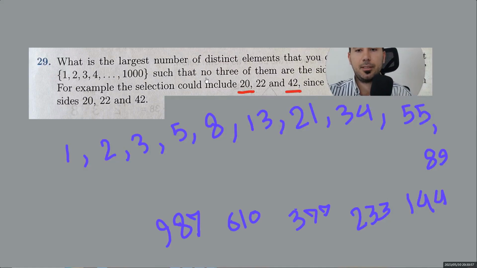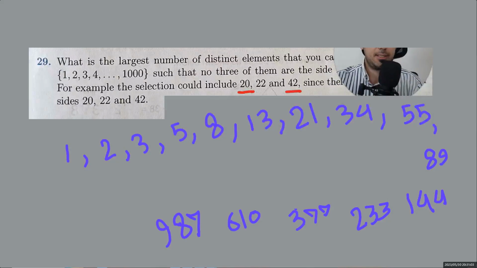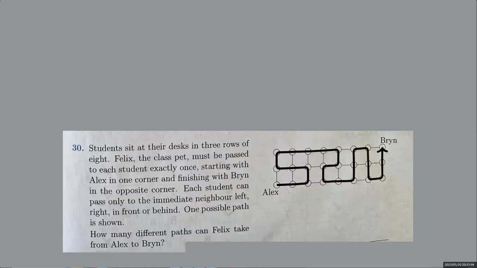So how many numbers is that? 1, 2, 3, 4, 5, 6, 7, 8, 9, 10, 11, 12, 13, 14, 15. So only these 15 numbers, okay? So there is only one more to go. See you next question. Okay, let's go and deal with the last question.